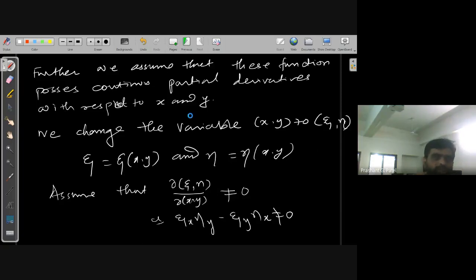Now it is easy to see, we note what will be the ux. Now what is the situation? u is a function of xi and eta, and xi and eta are functions of x and y.